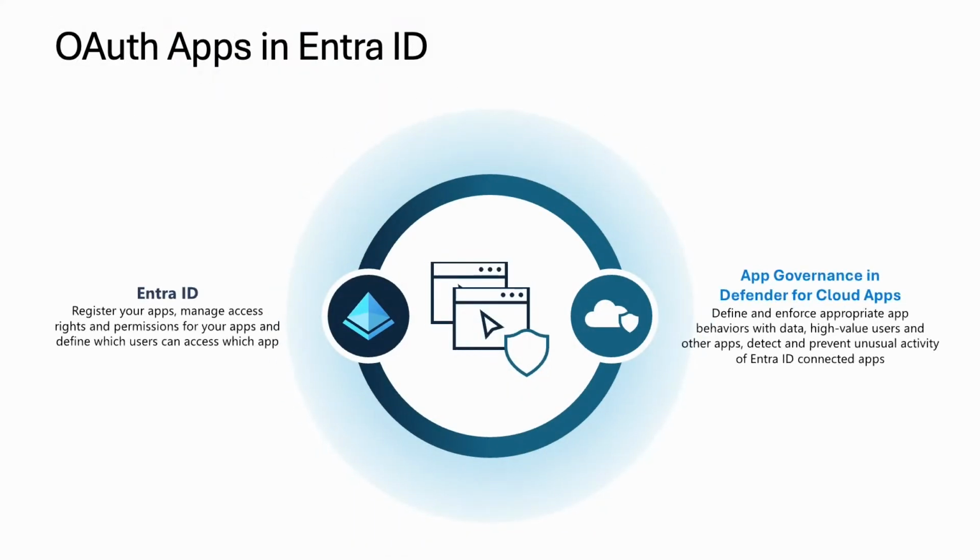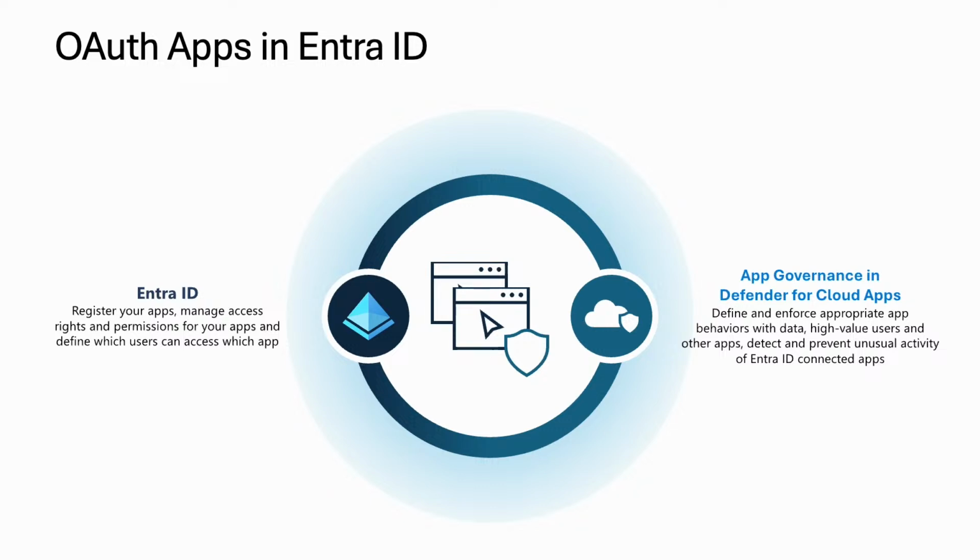So we're authorizing users via an identity and access management system, in our case Entra ID. An example could be employees accessing company resources. We're able to register applications, assign them permissions, and define which users can access which app. So it was all good.